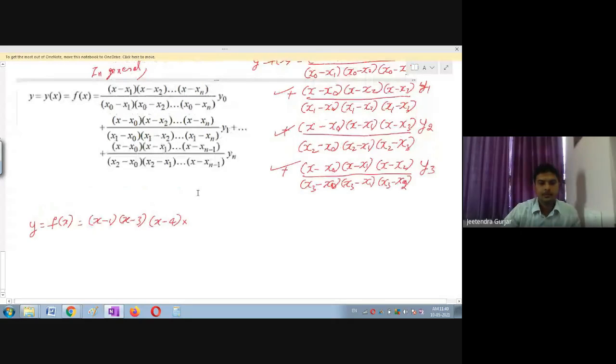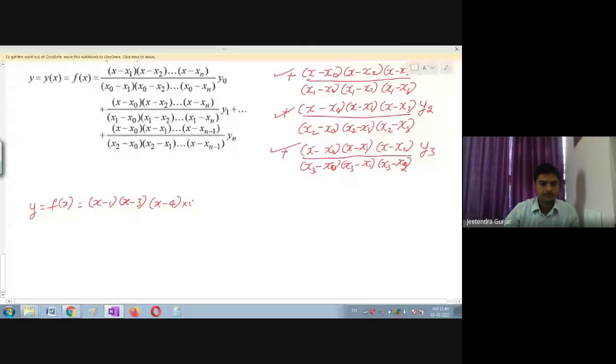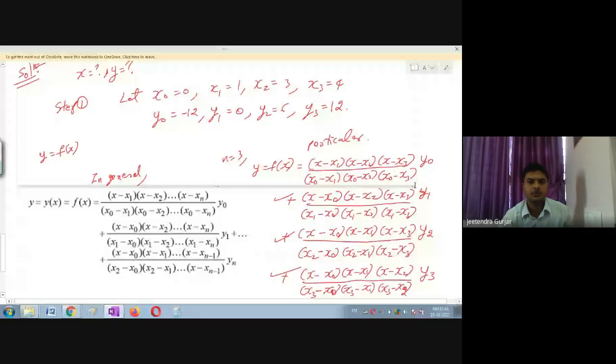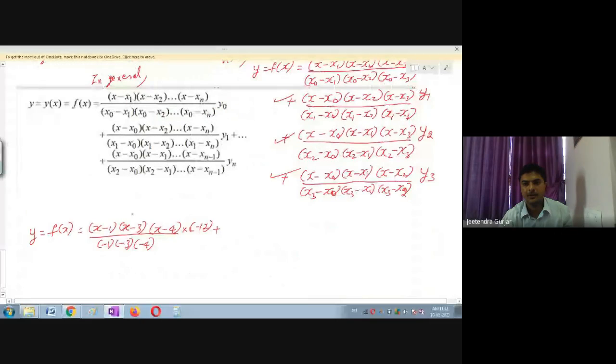Just substitute here minus 12, divided by x0 minus x1 is minus 1, x0 minus x2 is minus 3, x0 minus x3 is minus 4. Plus, you can see here, students, we have y1. Y1 is 0, so don't write y1, not required. Because y1 is 0, 0 into everything will become 0. So we'll continue with the next one.